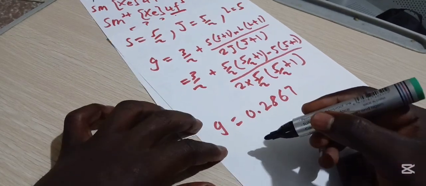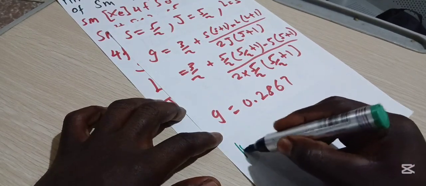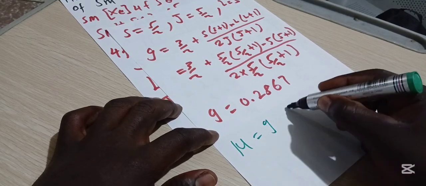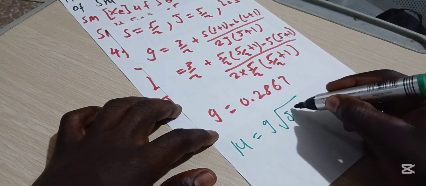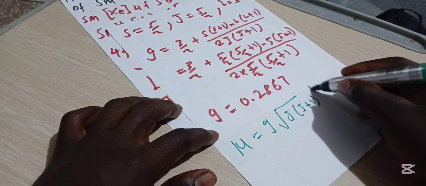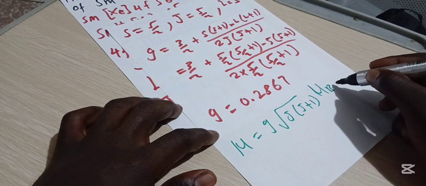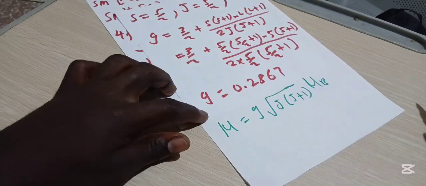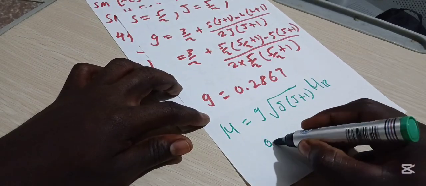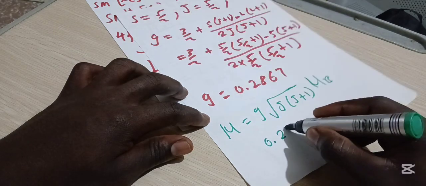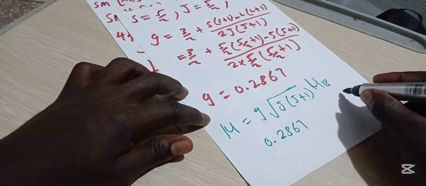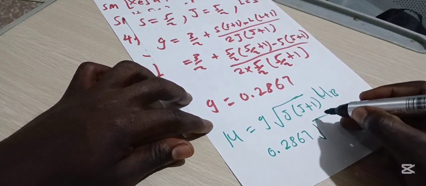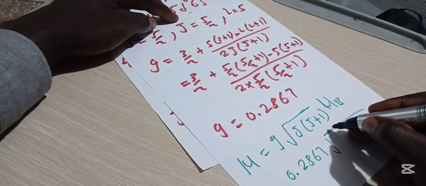So our magnetic moment formula, the Landé formula, mu equals g times the square root of J into bracket J plus 1, in Bohr magnetons. So this is going to give us our g value, 0.2867, times the root of our J. Our J here is 5 on 2.